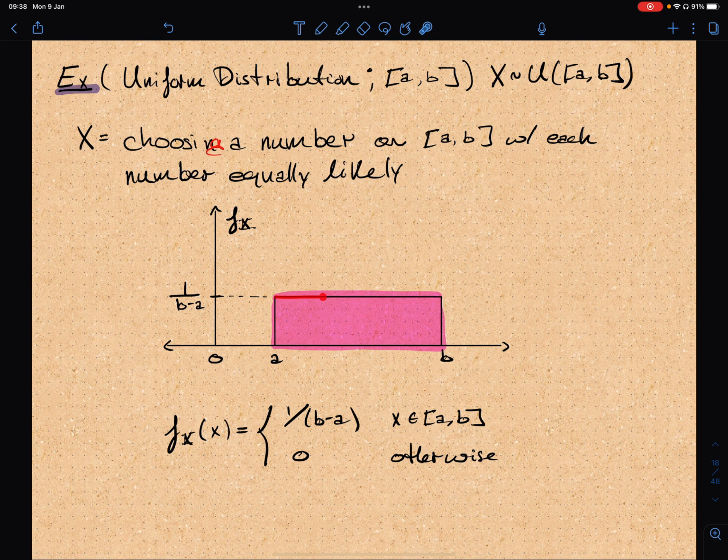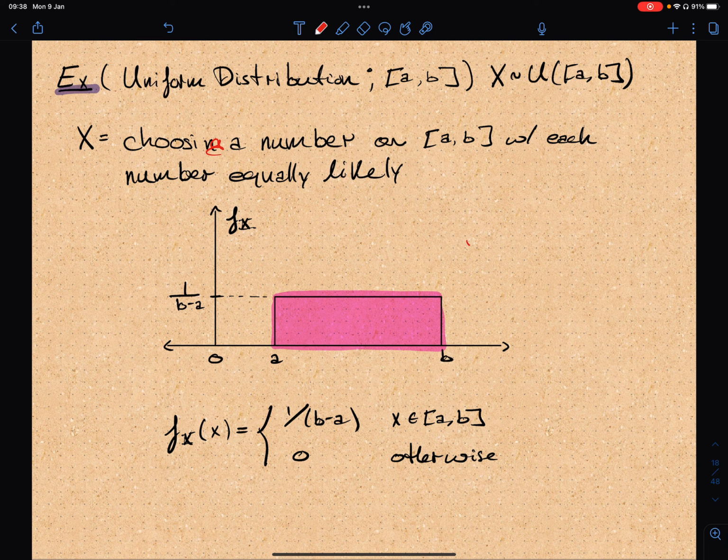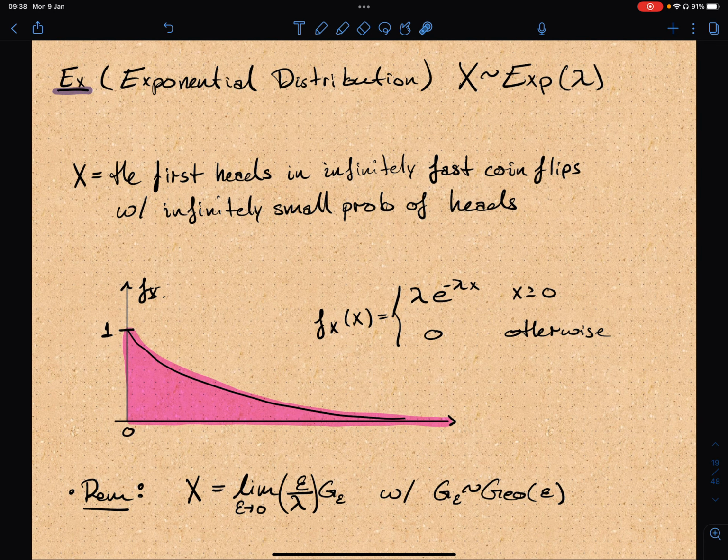So that means that the density has to be the same throughout, and so we know it has to be flat. And since the whole probability density has to equal 1, this forces the height of this block to be 1 over b minus a, so that the total probability adds up to 1. So that's the uniform density.